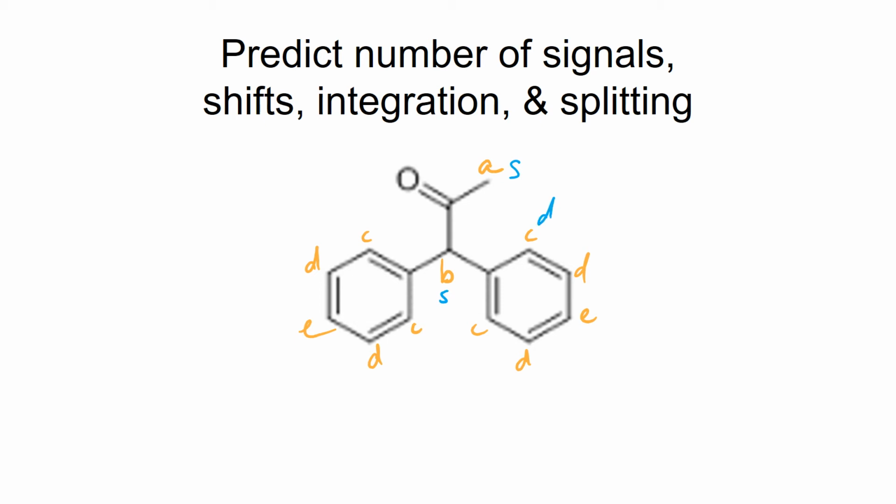This is going to be a triplet down here at E. And D is going to be the most complex, getting split into a doublet that's getting split again into a doublet, so you could call this a multiplet if you want. We know the aromatics should be between 7 and 8 ppm. And I would expect that B is going to be more deshielded than A, because not only is it next to a carbonyl, but it's in between the two aromatic rings, which are deshielding.